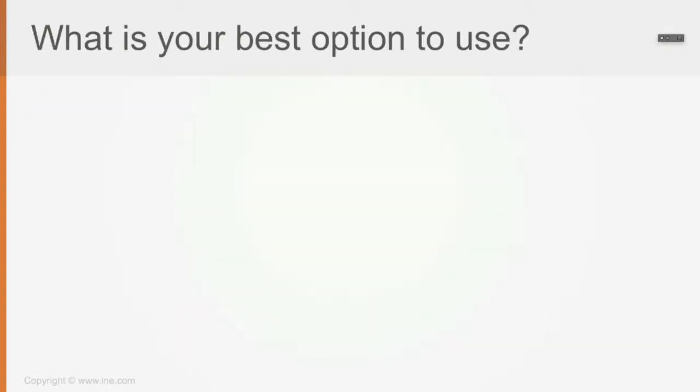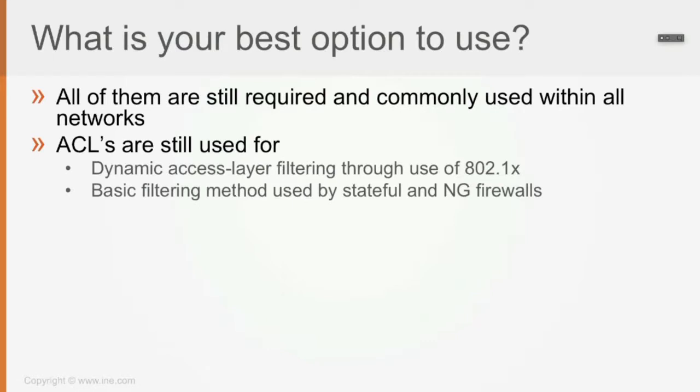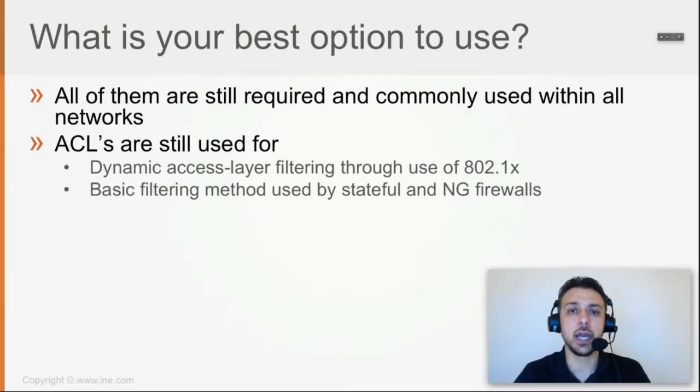So what is your best option to use? All of them are still required and commonly used within all networks, because all of them are still useful in different places of the network. Like regular ACLs, most importantly, let's say PACLs, are still going to be used as dynamic access filtering through the use of 802.1X. So you can go ahead and watch my SISAS class, the CCNP class.